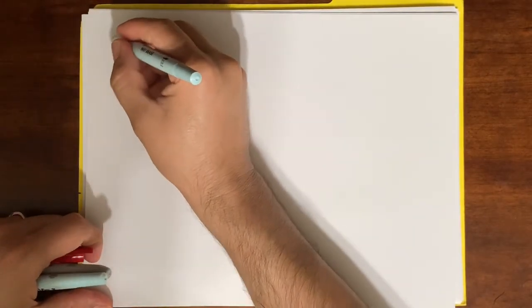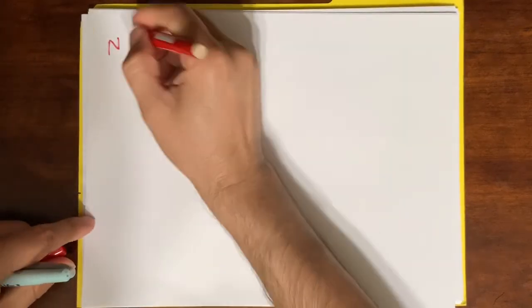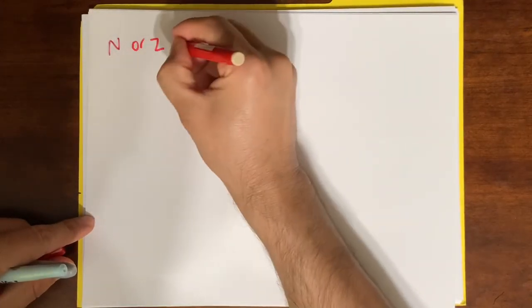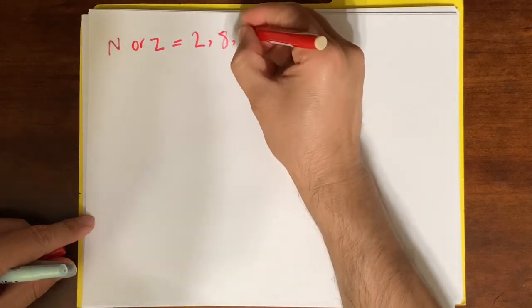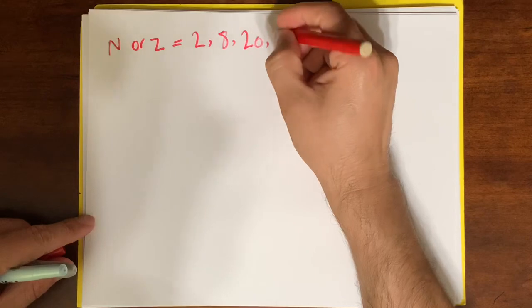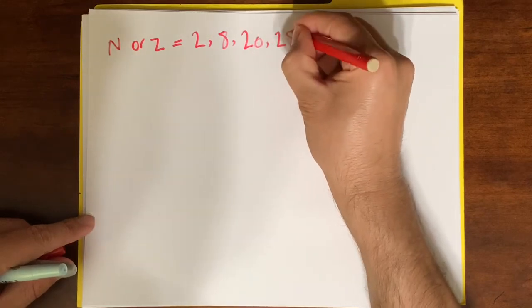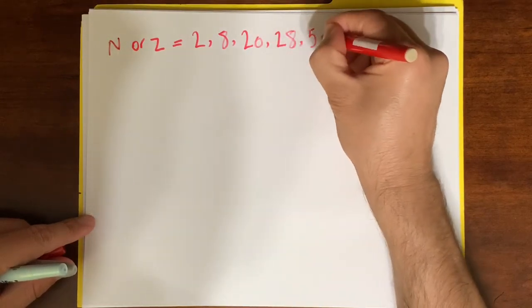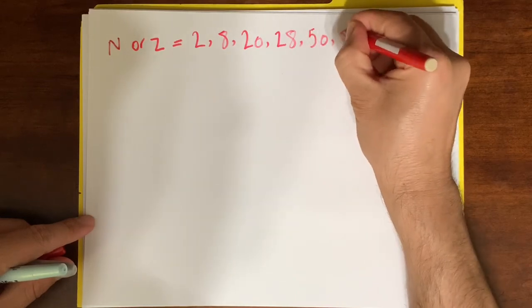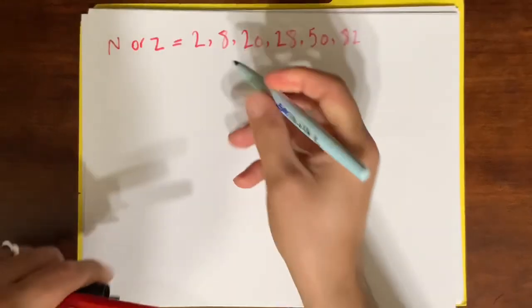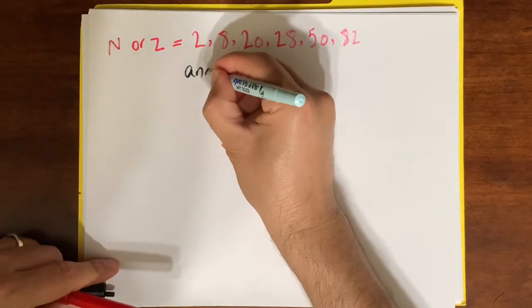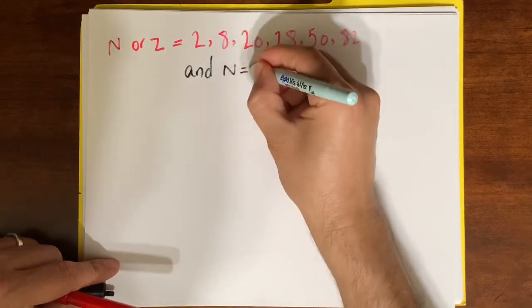If you're dealing with a nucleus that has N or Z, number of neutrons or protons, equal to 2, 8, 20, and 28, 50, 82, and N, okay, and N 126.